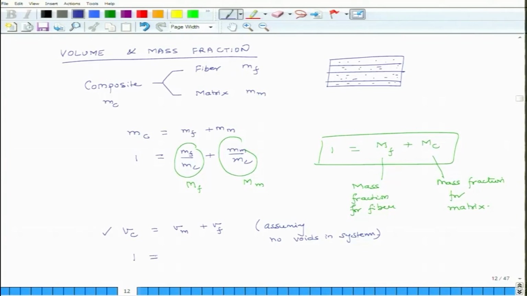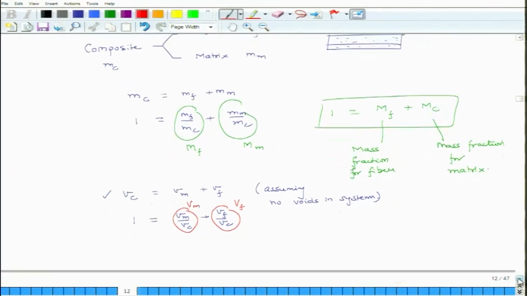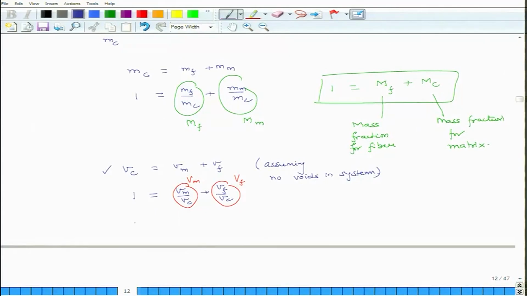So, I get 1 equals Vm over Vc plus Vf over Vc, and this is capital Vf, this is capital Vm, and what that means is 1 equals Vf plus Vm.